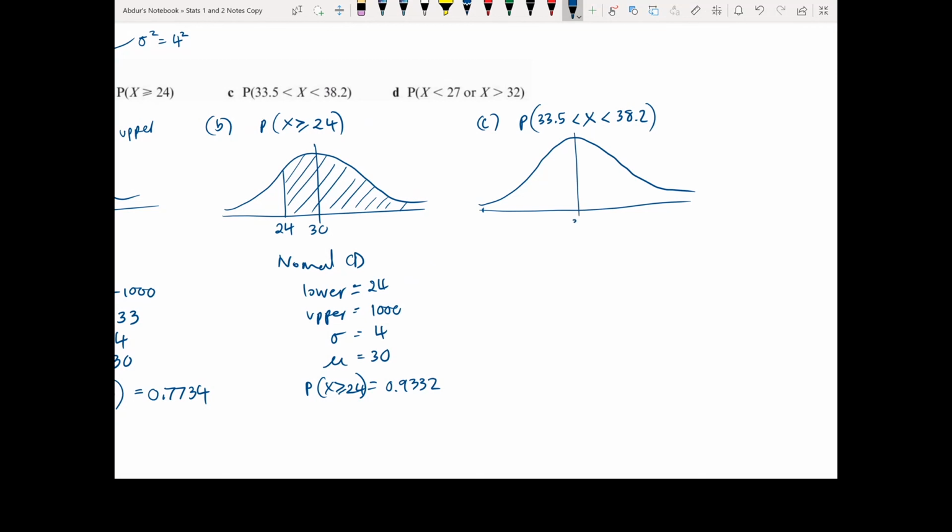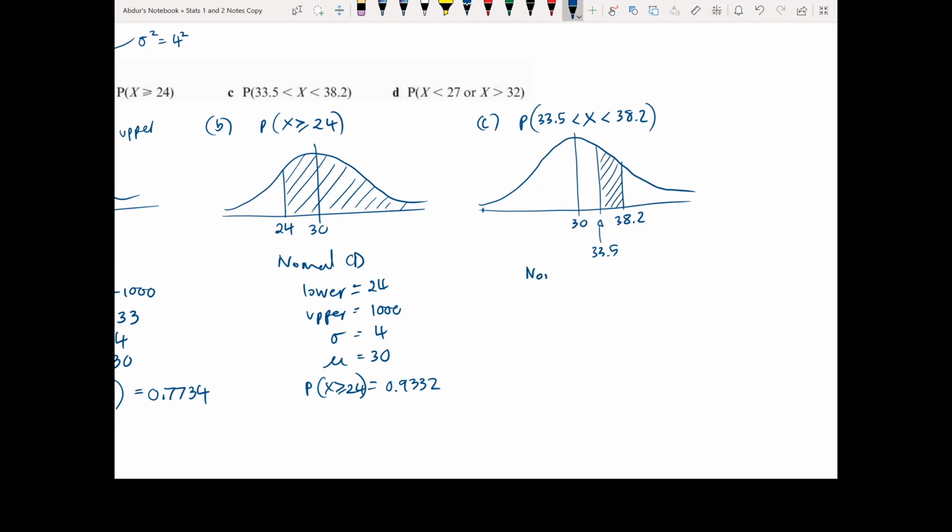Put in our mean value, which is 30. Now we're interested in everything between 38.2, which is here, and 33.5, which is here. So the area or probability that we're interested in is here.